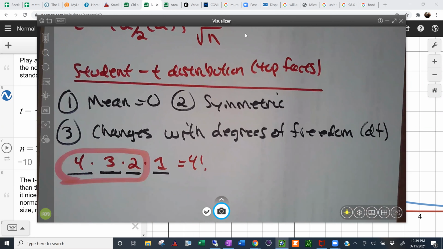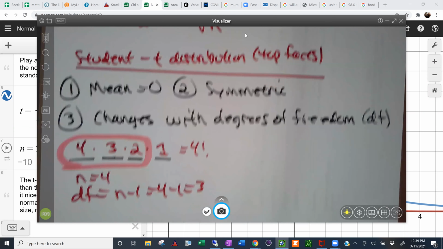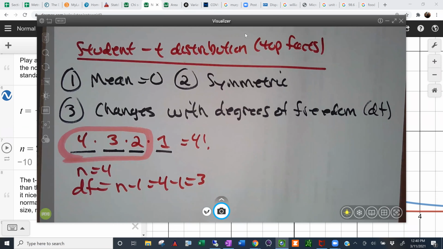That's kind of reflective of our degrees of freedom. Although n was 4 in this case, our degrees of freedom is n minus 1, or 4 minus 1, or 3. Degrees of freedom is quite often going to be 1 less than the number of items in your data set. So degrees of freedom is going to be n minus 1.